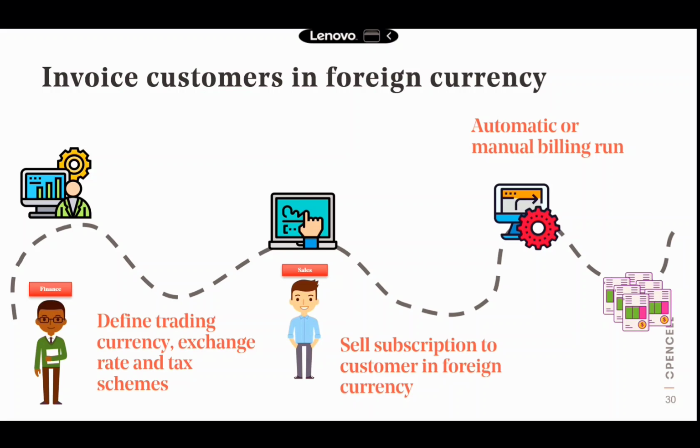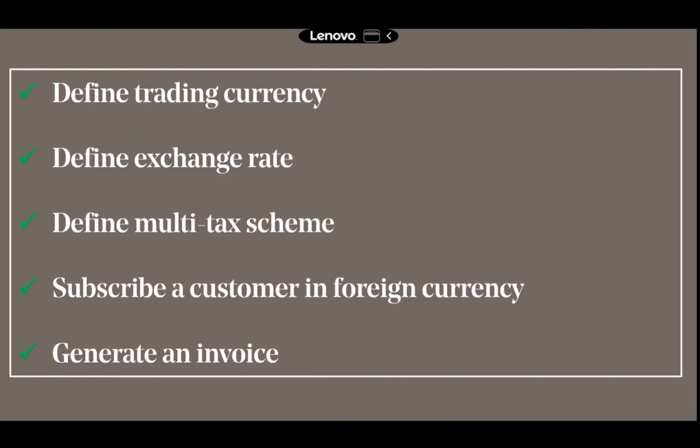Once this is done, the salesperson will quote an order for the customer, which will generate a subscription that we can invoice using a billing run like what we have seen just before together.